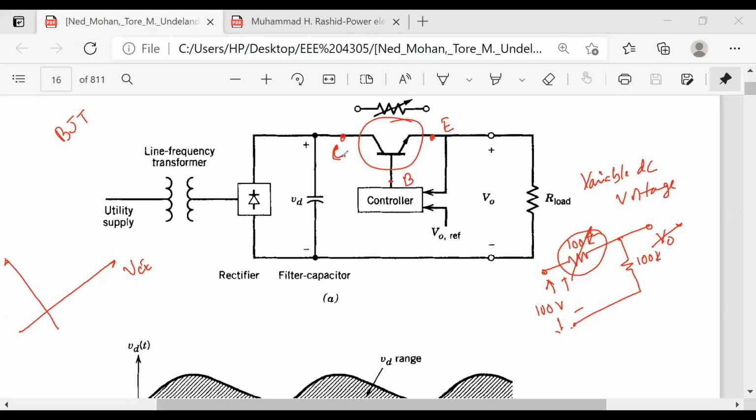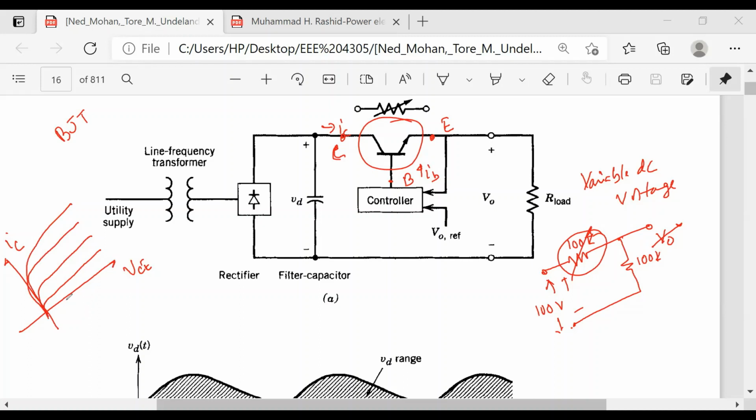And E, Emitter. And B, Base. So if you now say IC current is here, if we now plot for different values of IB, can you remember that we got this kind of thing? I taught you. Yes, sir.